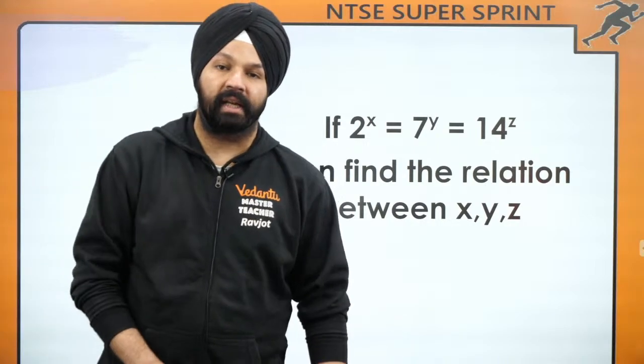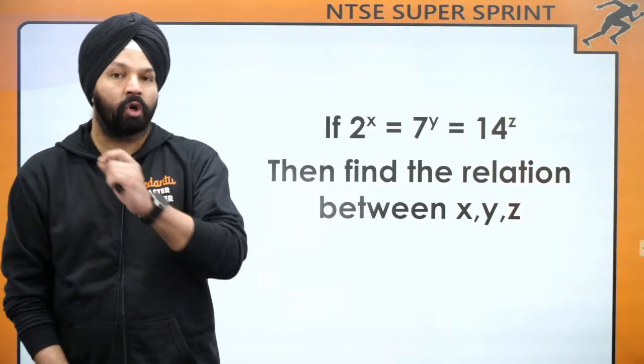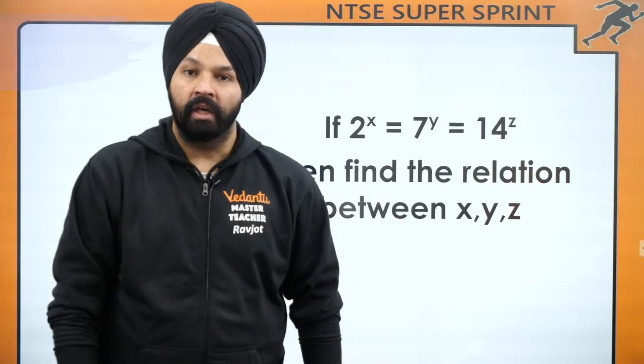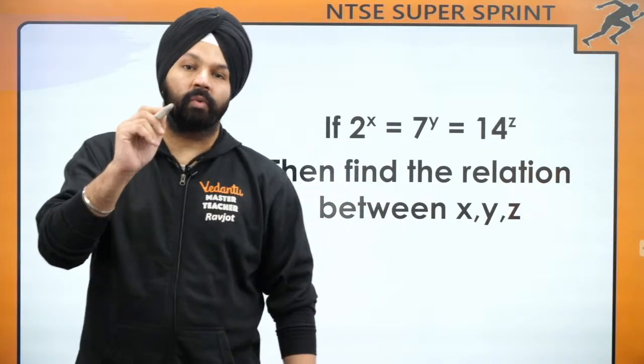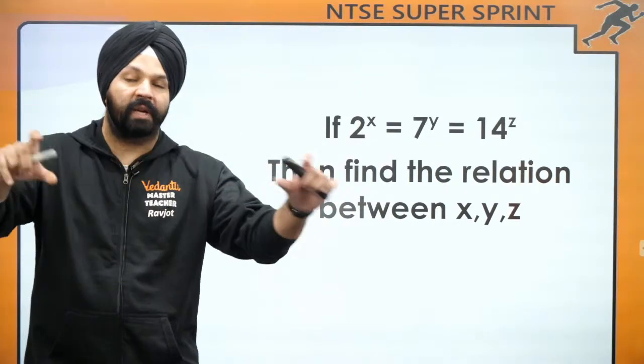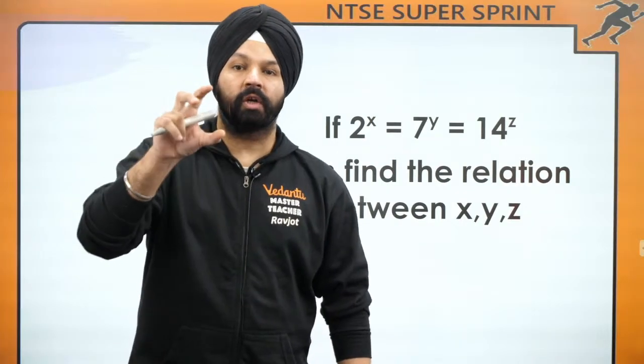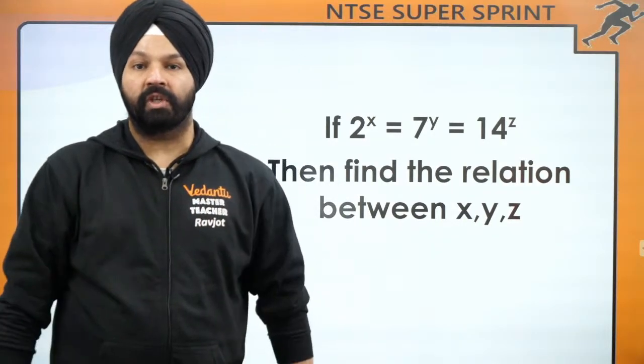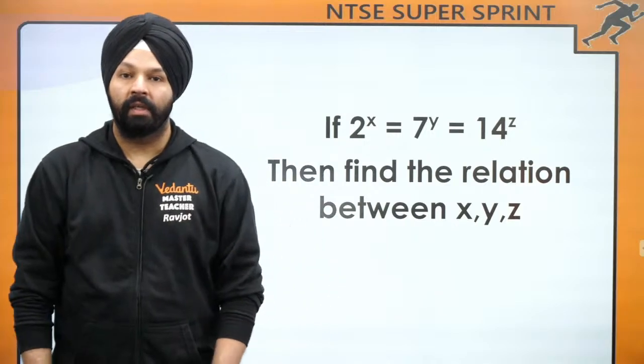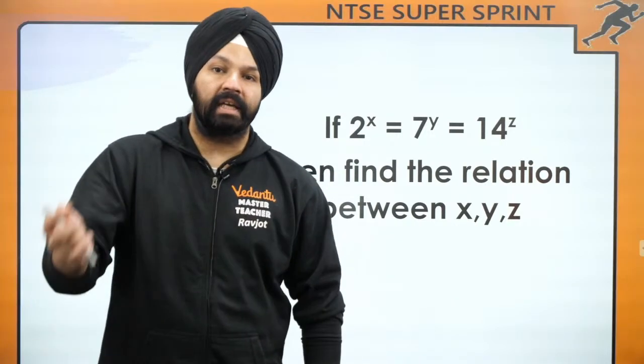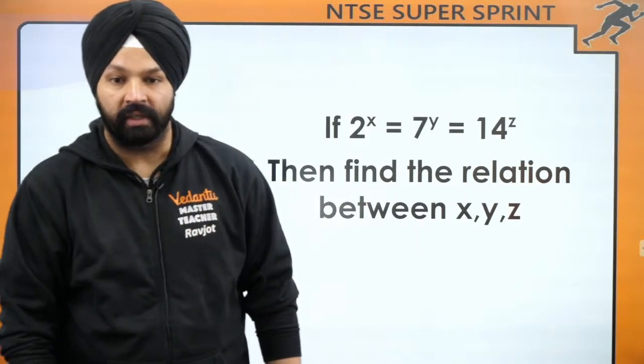Well, they can give you options like that, but we need to know the shortcut for this particular variety, because many questions are connected to this expression. So if you know the logic of handling this expression, then you would be in a position to solve approximately all varieties connected to it, right?